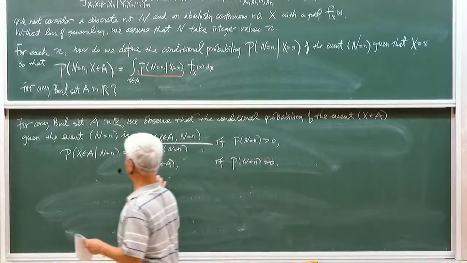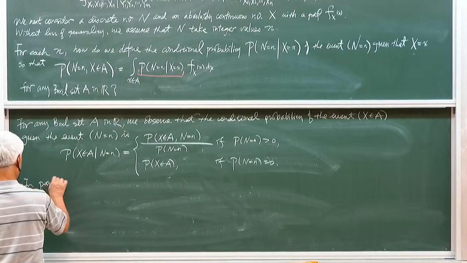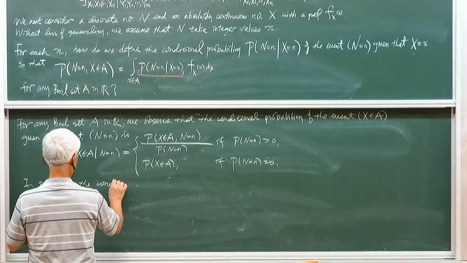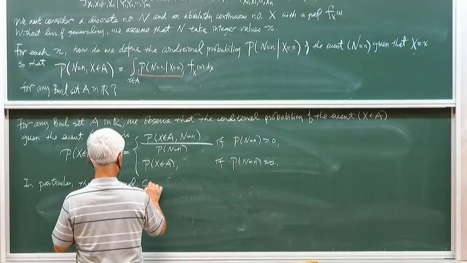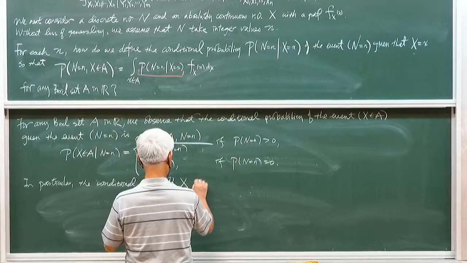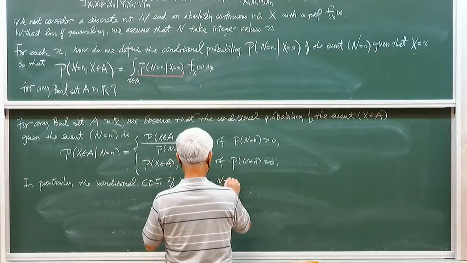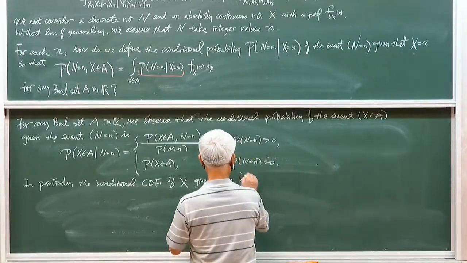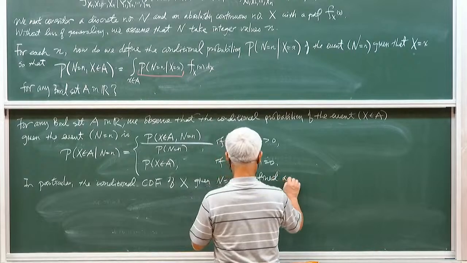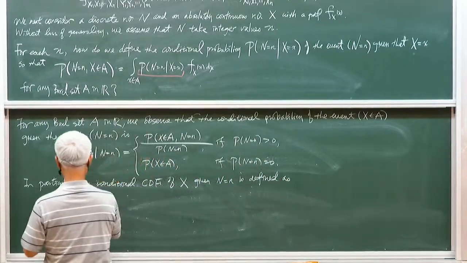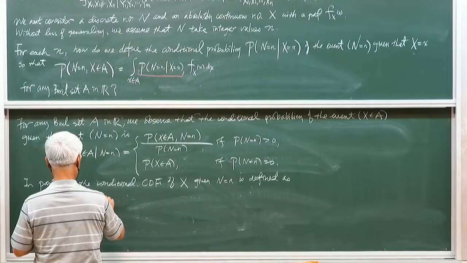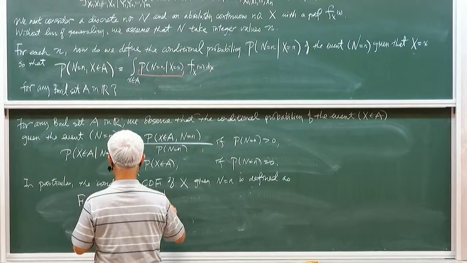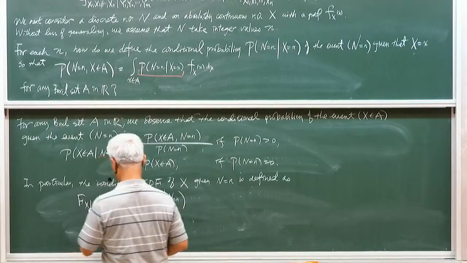So in particular, the conditional CDF of X given that the discrete random variable capital N is equal to little n is defined using that to be this conditional probability.